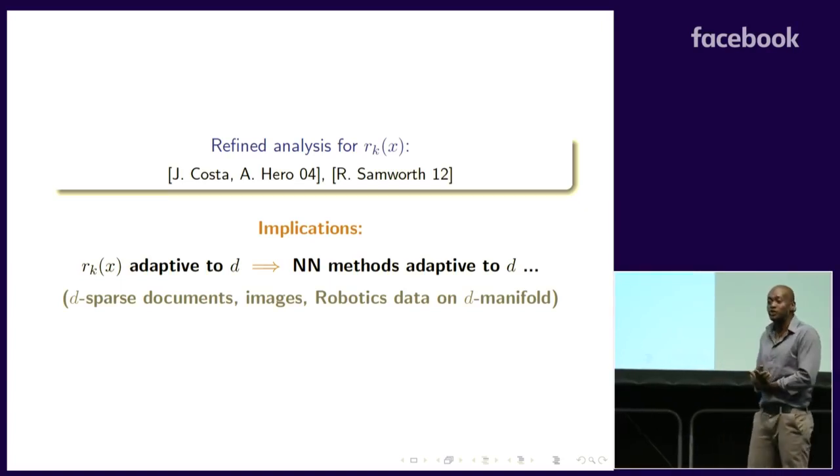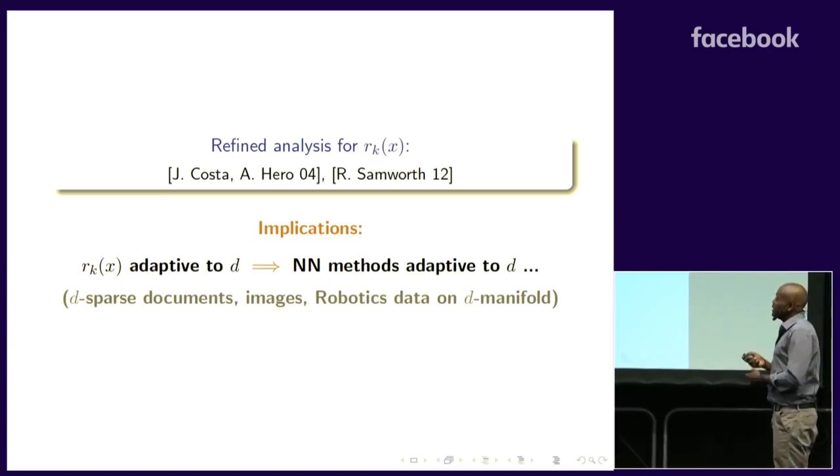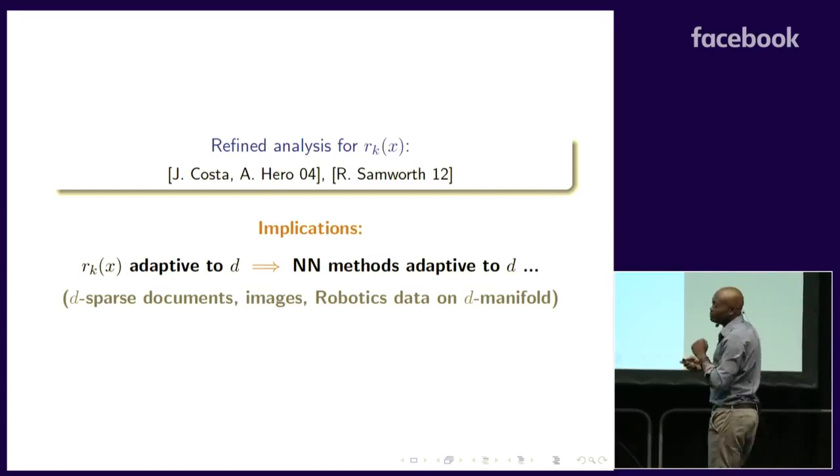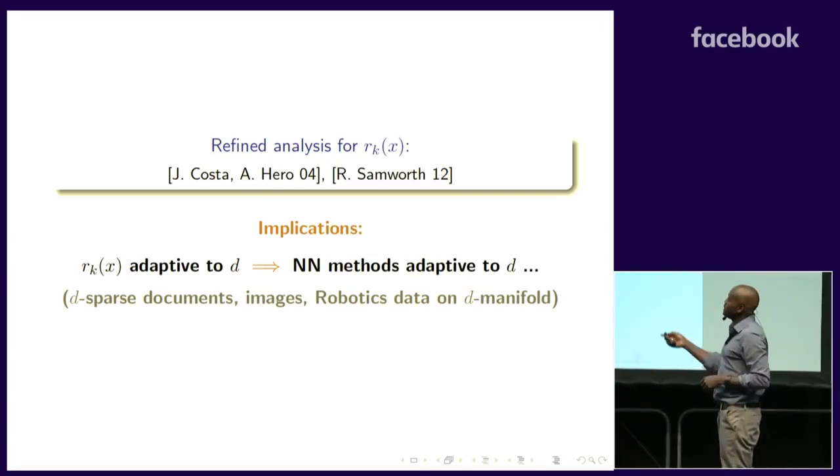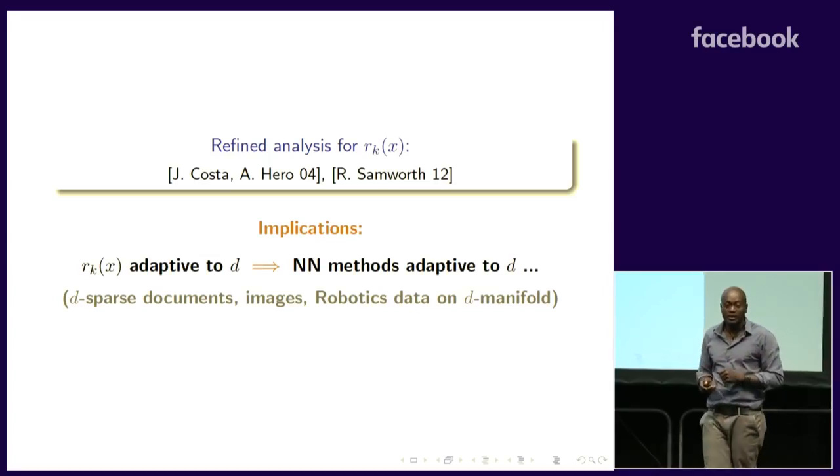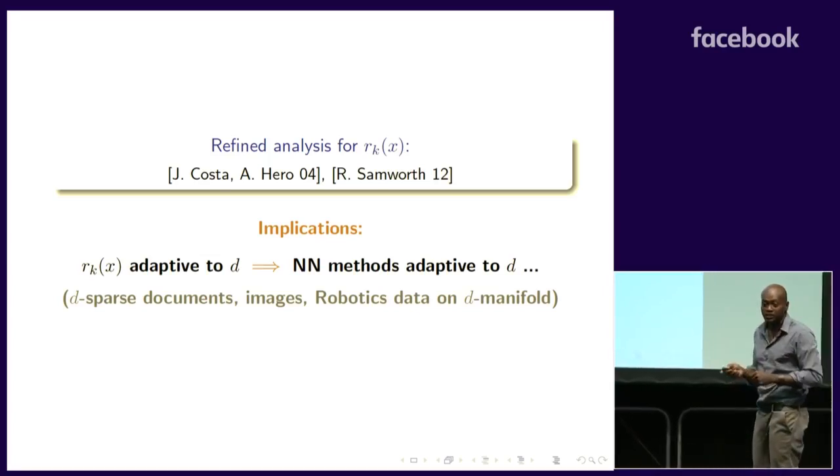But we'll have to prove that. And that would mean something very nice for nearest neighbor methods, since in a lot of practical applications, the intrinsic dimension is very small. For documents, for instance, the intrinsic dimension will be the sparsity of the document representation.